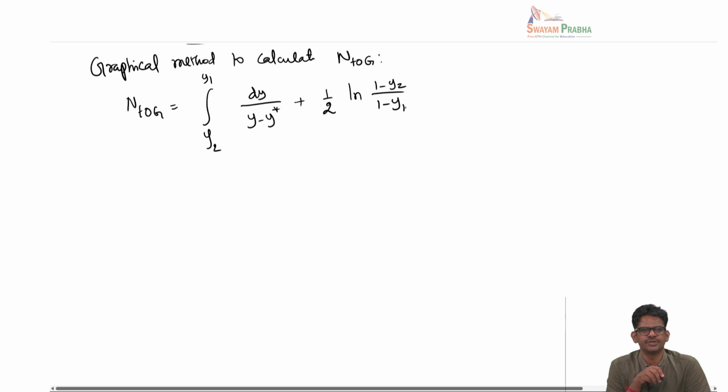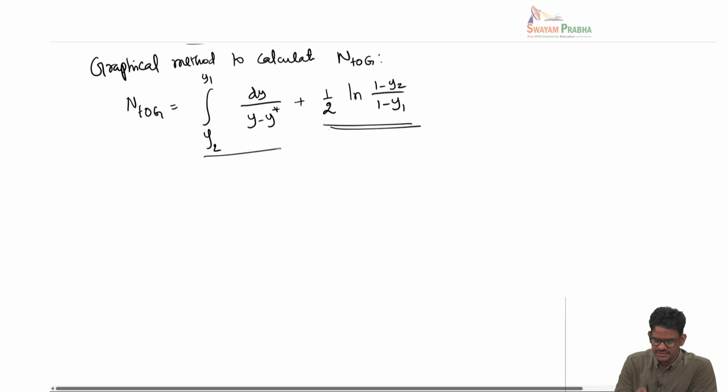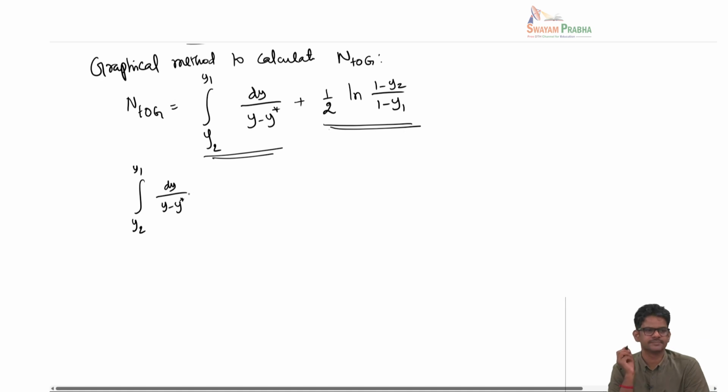So this is the definition of NTOG. Here this term is easy to calculate because it involves only the composition at the beginning and the end of the column. Only this integral is the one that we want to calculate. So now let's talk about this particular integral alone, Y2 to Y1.